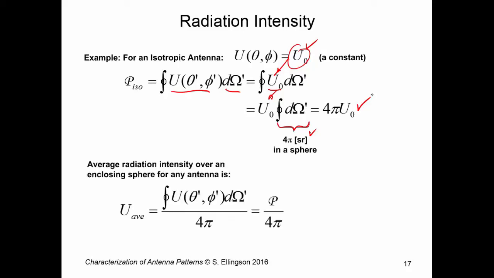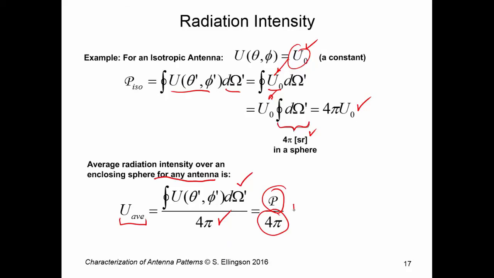Note that for any antenna, we can compute the average radiation intensity over an enclosing sphere. That's just the radiation intensity divided by the number of steradians in a sphere, which is 4 pi. So the numerator is just the total power. The denominator is just the number of steradians in a sphere.